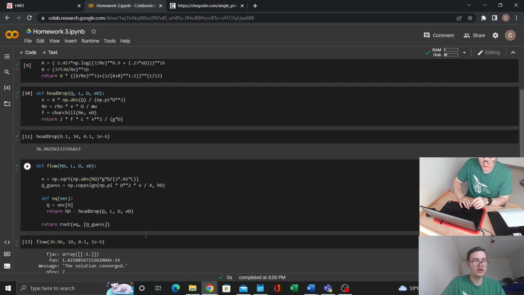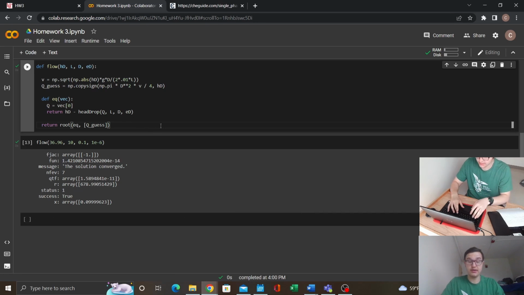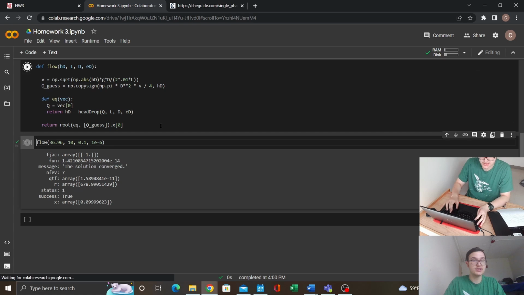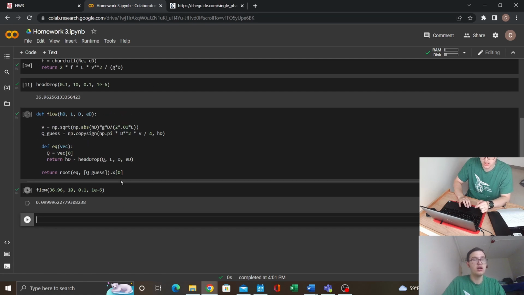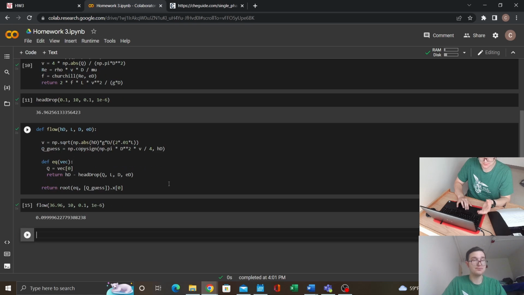So if we hit shift enter, it gives us an array of values. So I need to do .x[0], because it's giving us an array there, 0.099996, or very, very close to 0.1, which means that all of this has worked together.